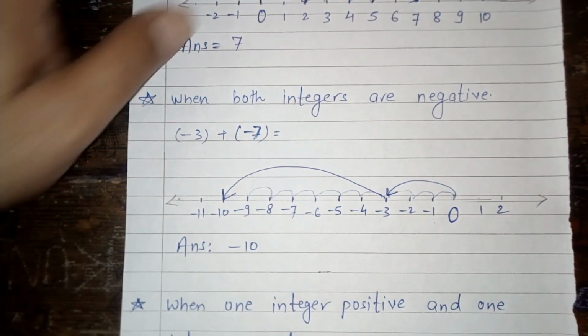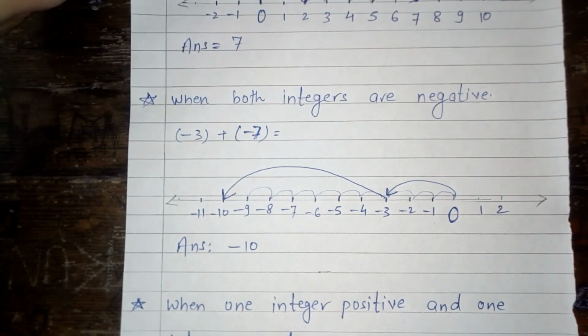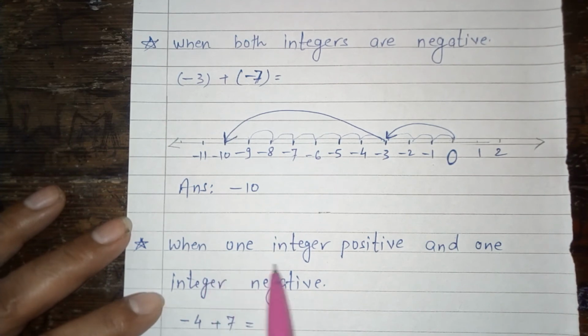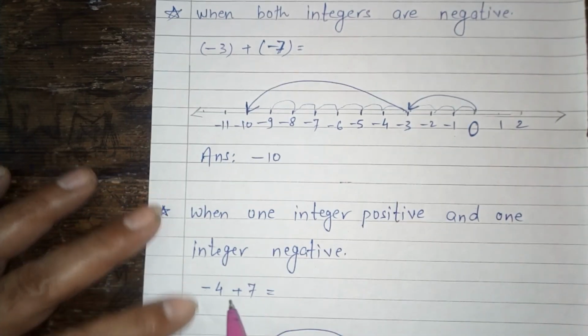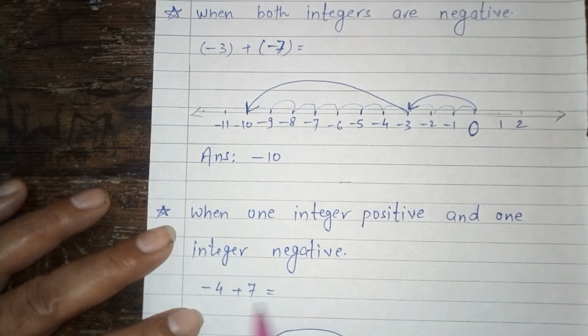As you are looking, you have one third condition. Suppose you have one positive and one negative integer. When you have one integer positive and one integer negative, how? Look here. As you know, minus 4 plus 7, what you will get?